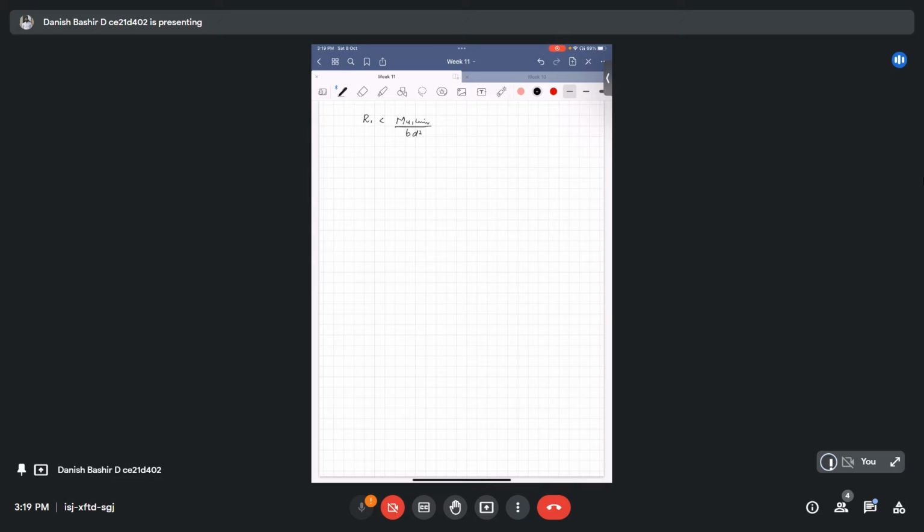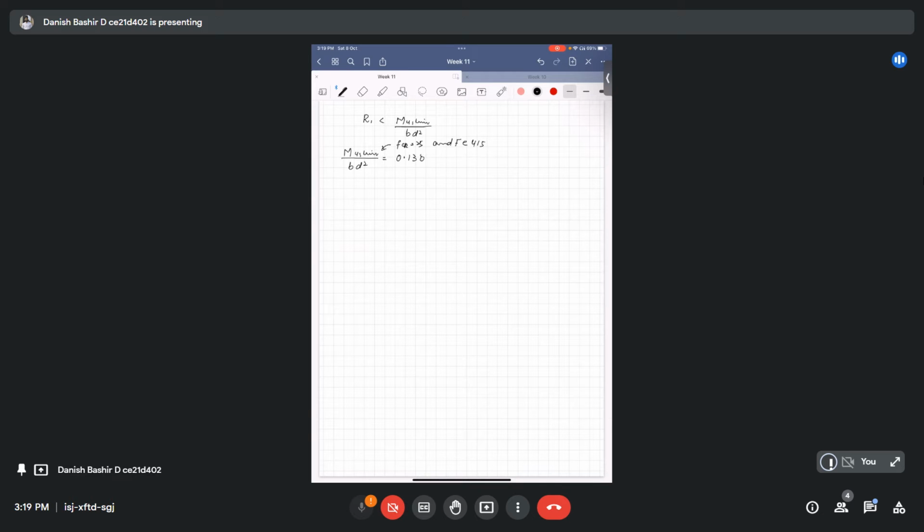For this Mu limiting by BD square, this depends upon the grade of concrete. We have Mu limiting by BD square from code. You will directly get this ratio for fck 25 and Fe 415 steel. This ratio from code is equal to 0.1389.